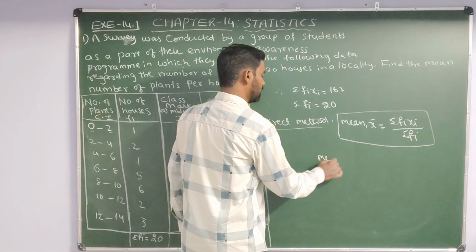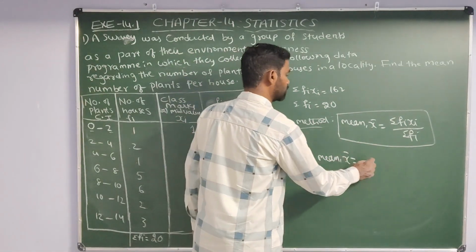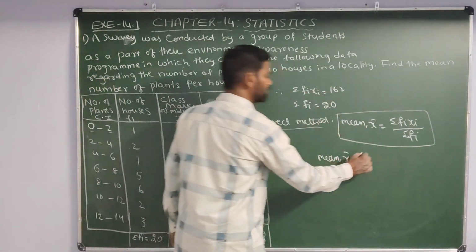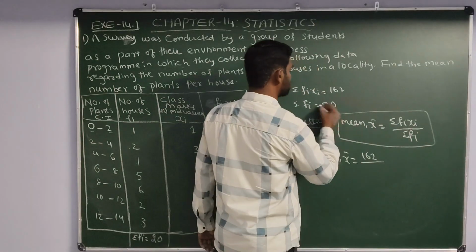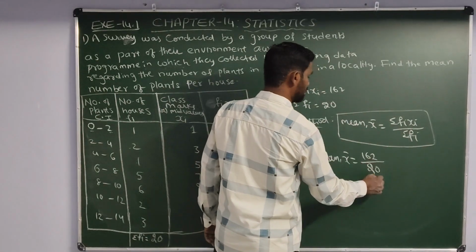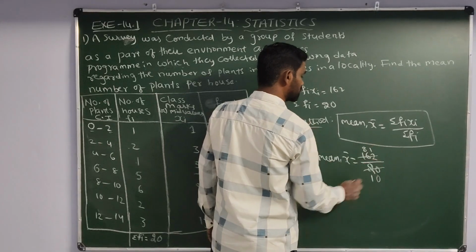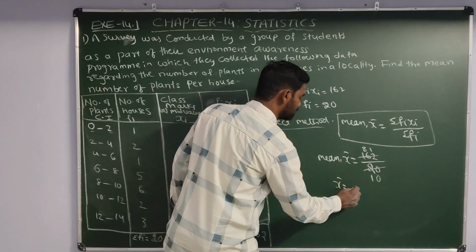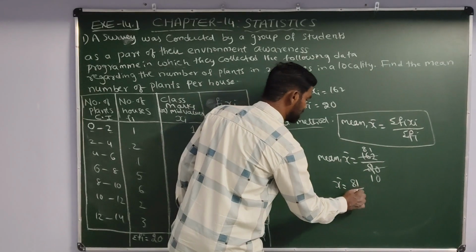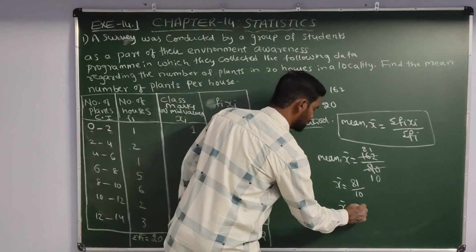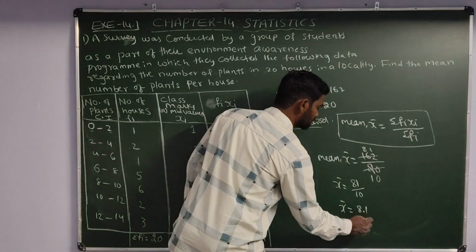So mean x bar is equal to sigma fi xi, whose value is 162, divided by sigma fi, which is 20. So x bar, that is the mean, is equal to 81 by 10. We may write that as 8.1.